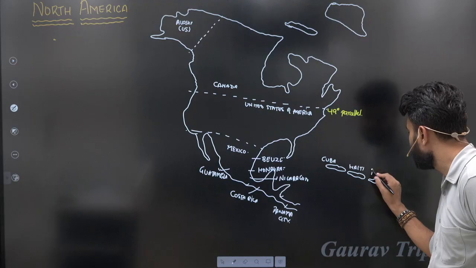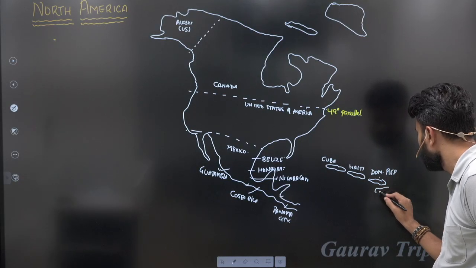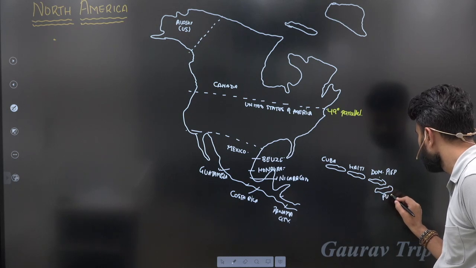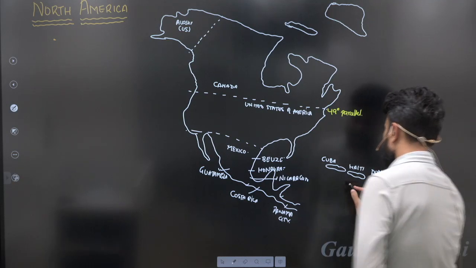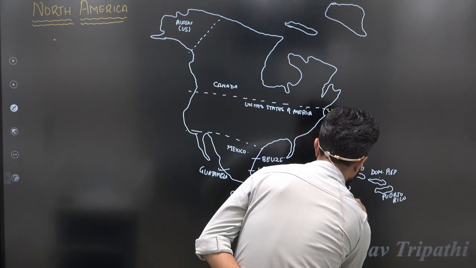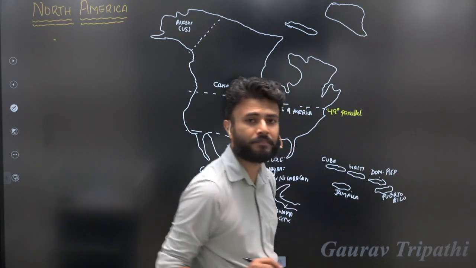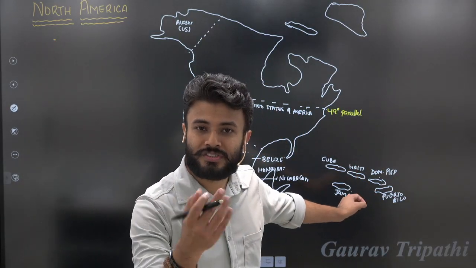So here we have Dominion Republic, then here we have Puerto Rico, and here we have another important area, that is Jamaica.